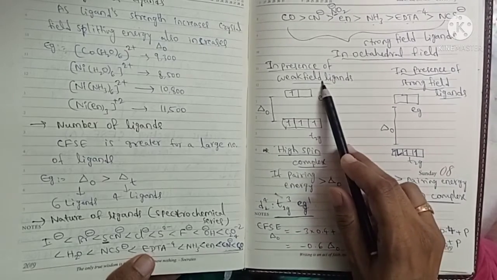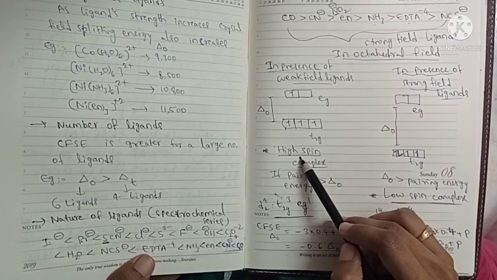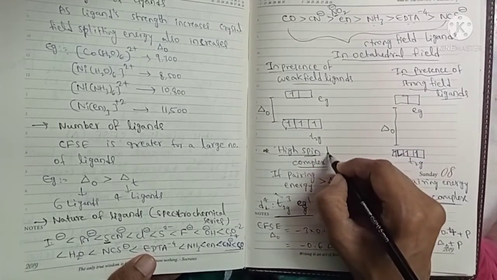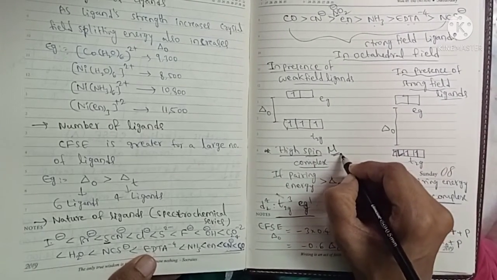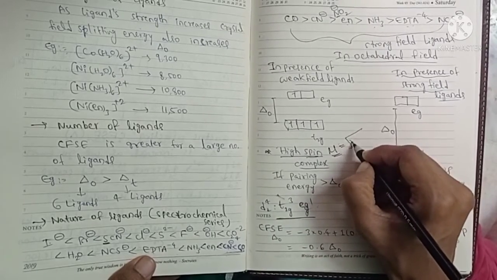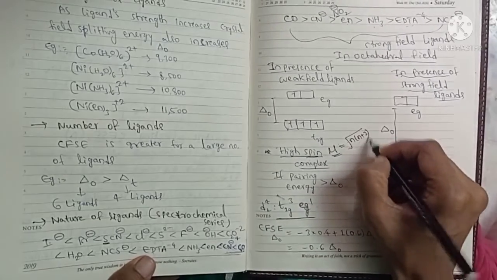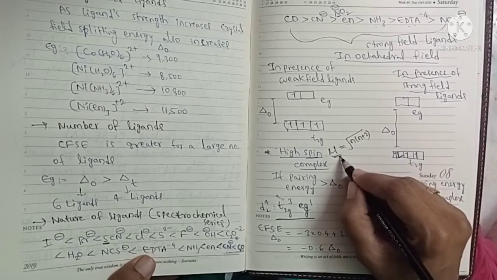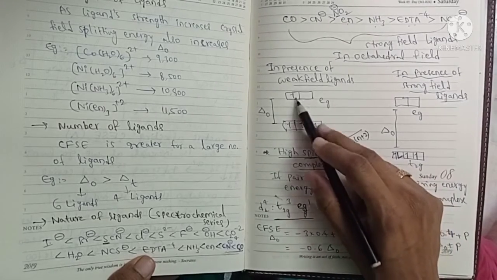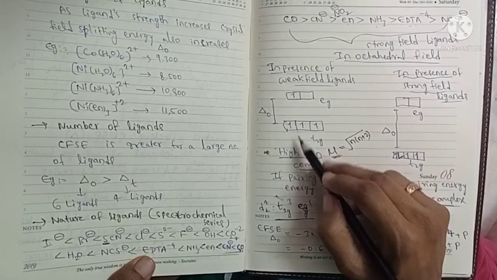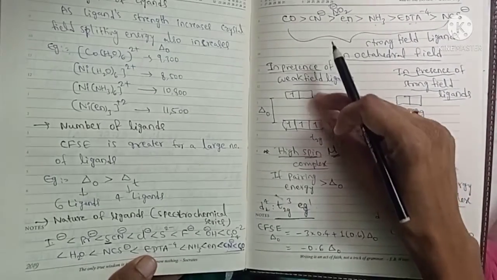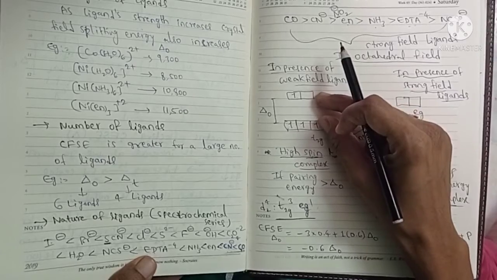High spin means more magnetic moment, so it will have a more mu value. The mu value is calculated by square root of n into n plus 2. More unpaired electrons will be there in a high spin complex.